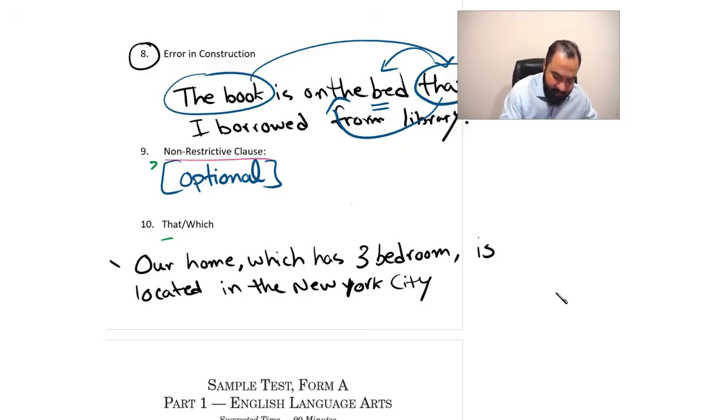This is the first sentence where I used which, and as you can see, I used 2 commas. So this is a non-restrictive clause, so it's not important to the sentence. The main deal is our home is located in New York City, which happens to have 3 bedrooms, but that's not the main deal for this sentence. The main deal is our home is located in New York City.